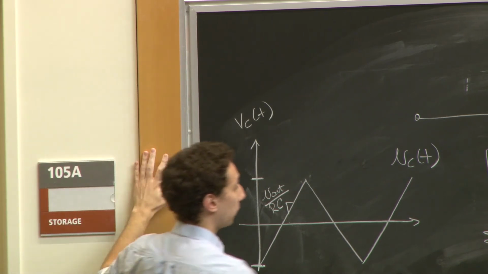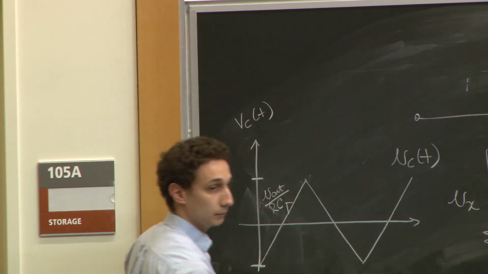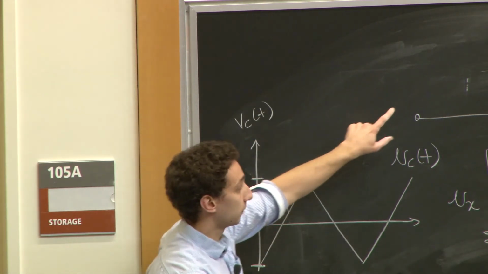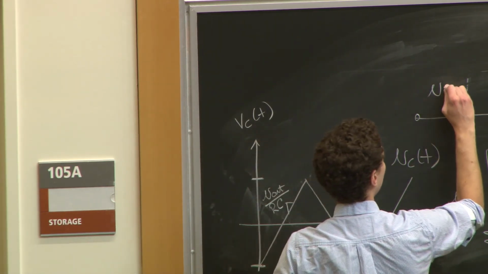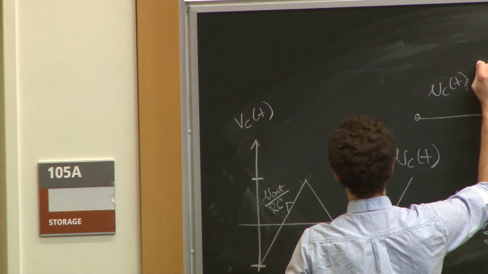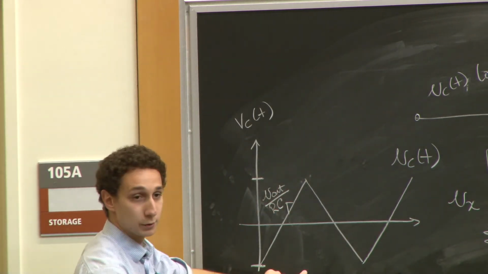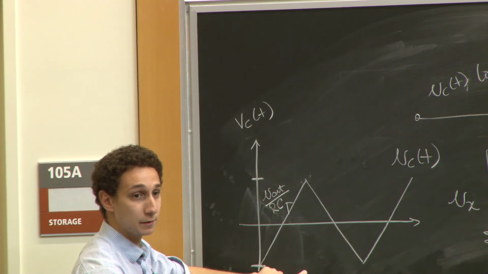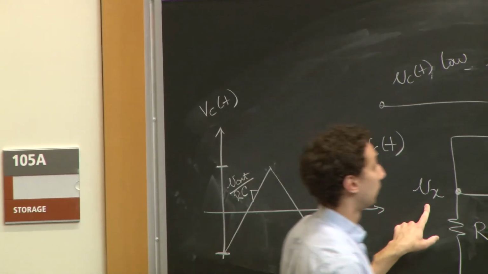So at what point, let's call this voltage Vx. If Vc of t is low, so this part of the switching waveform, what will Vx be equal to?